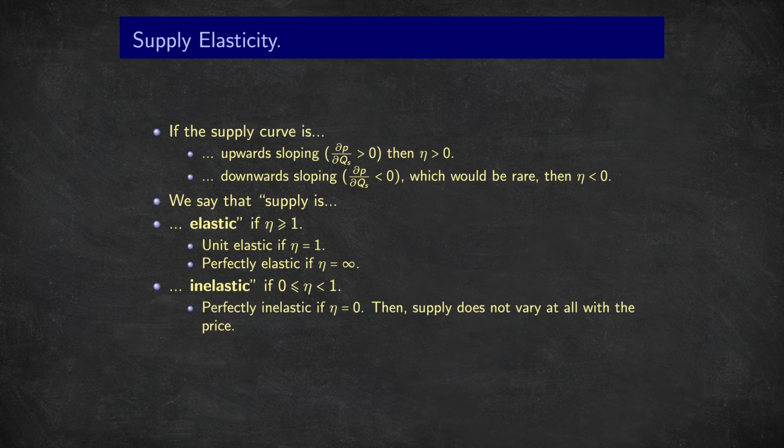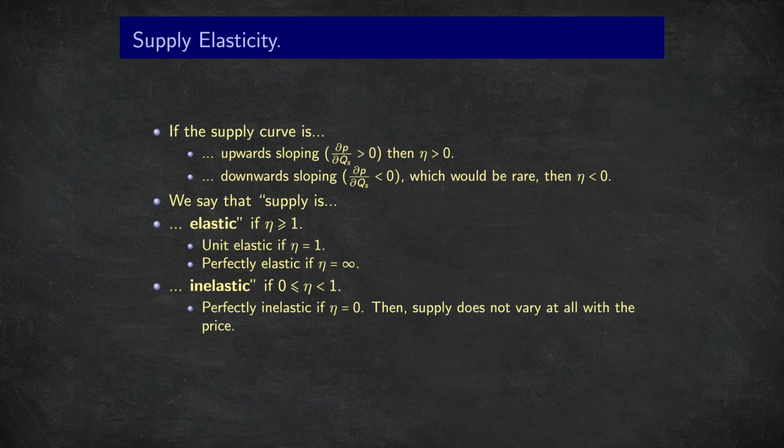If the supply curve is upward sloping, then the price elasticity of supply will be a strictly positive number. And if it's downward sloping, which would be rare, but it can happen, we would see a negative price elasticity of supply. As with price elasticity of demand, we can distinguish between various cases for the sake of terminology.